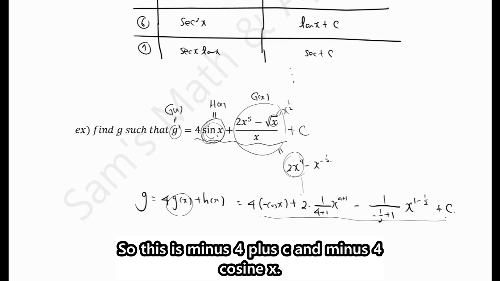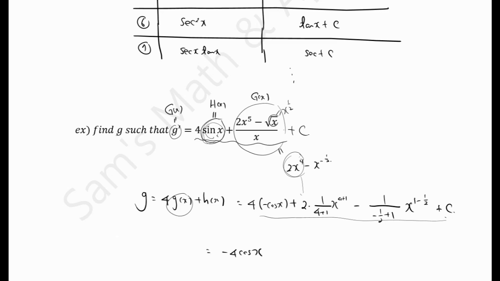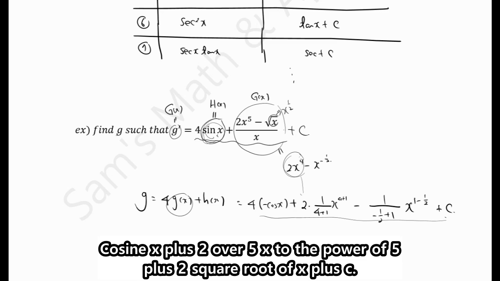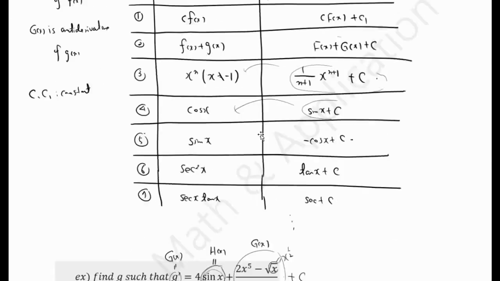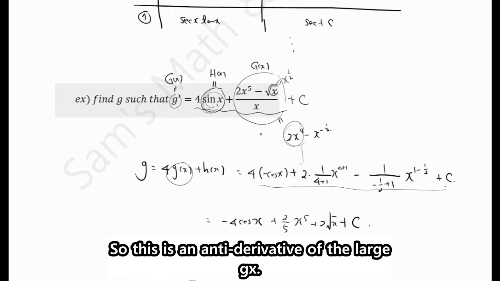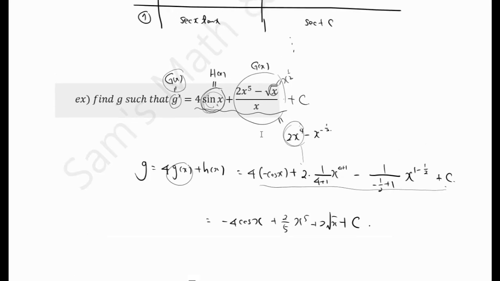So minus 4 cosine x plus 2 over 5 x to the power of 5 plus 2 square root x plus c. Right? So this is the antiderivative of the large g(x).